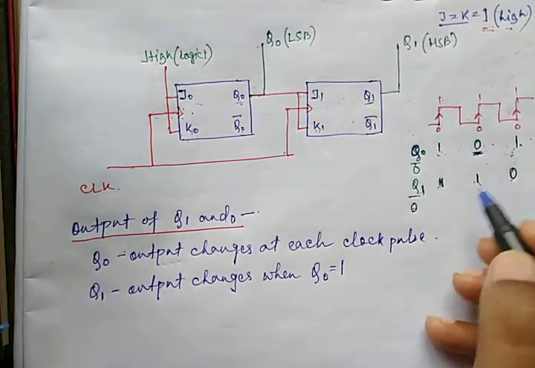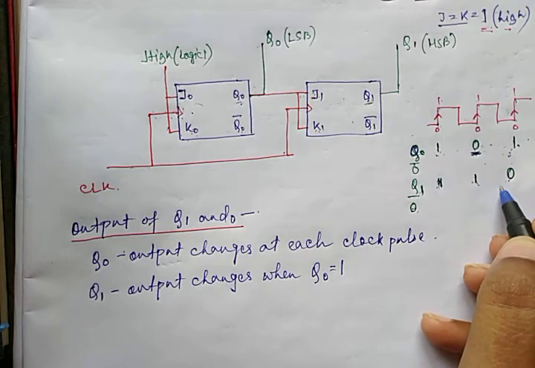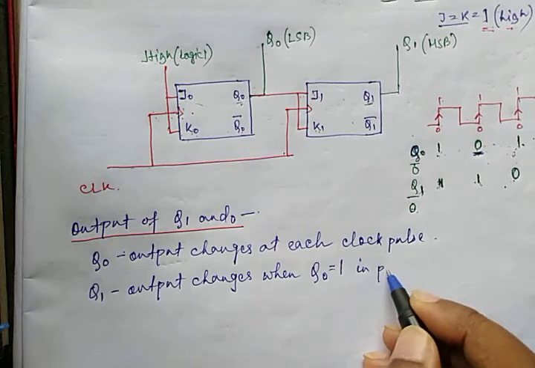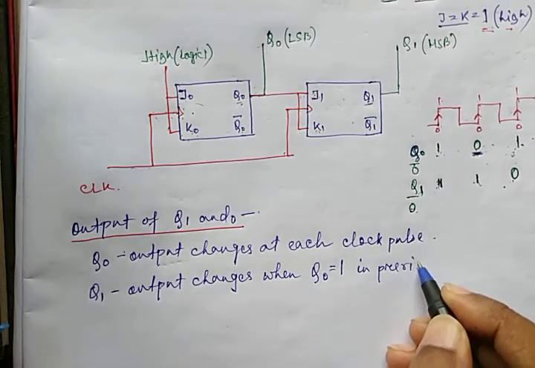When Q0 is 1, then only Q1 will change in the previous clock pulse.